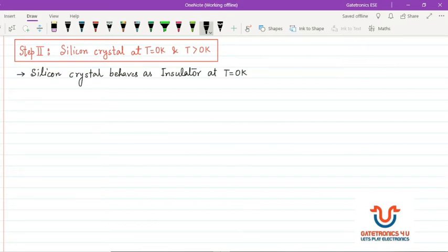And if the bonds do not break, then there will be no free electrons. That's why silicon behaves as an insulator at T equals to 0K.